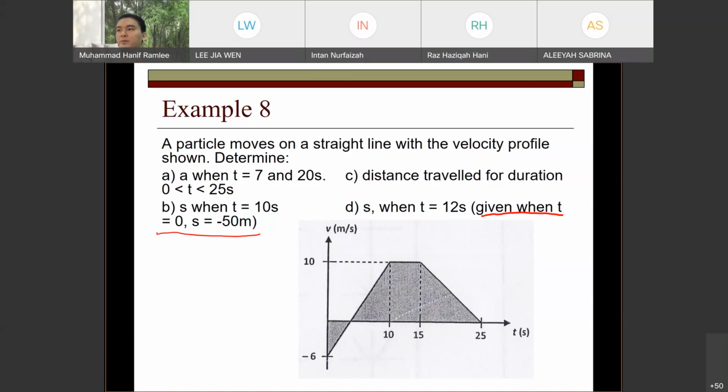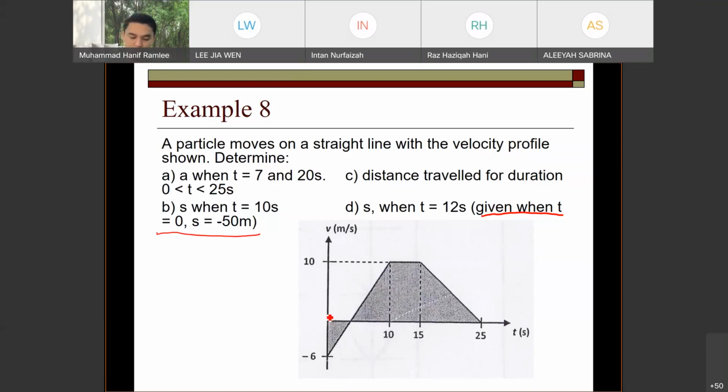So how to get the answer for A, acceleration? The first thing you have to do is label the changes in trend. Make a very simple label like O, A, B, C, D, to make sure that your calculation will be smooth and easier to understand.